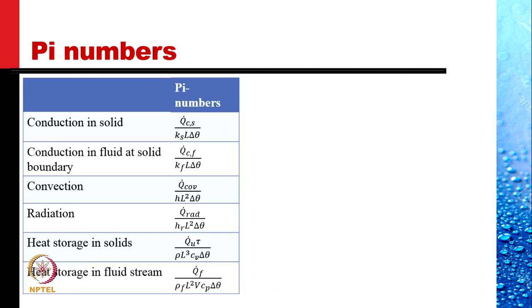We copied them here from the last table, and then if we equate the scale factors for these, we get from this a pi number hL/K_s, heat transfer coefficient times a characteristic length divided by the conductivity of solids. This is named Biot number and is abbreviated as capital B lowercase i, Bi.